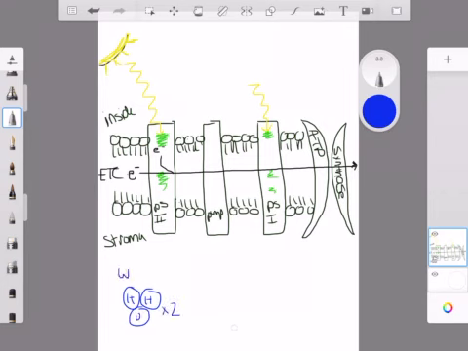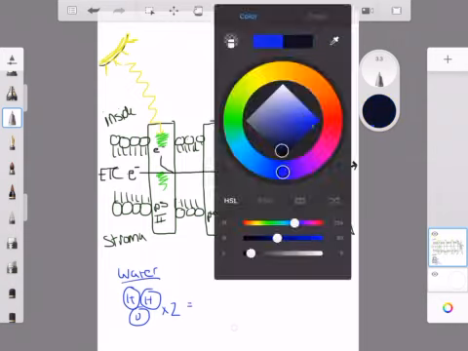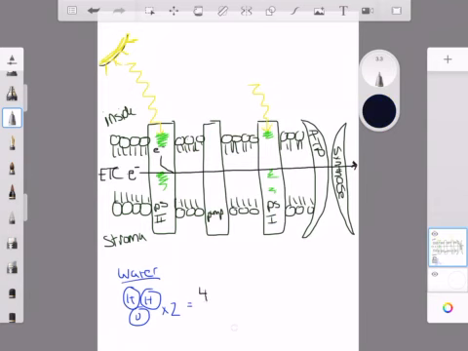So our water. From our water, what we are getting is 4 hydrogen ions. We are getting oxygen, so that's O2, and we're getting 4 electrons. Those electrons are going to go into our photosystems, and they're going to be excited by the light.